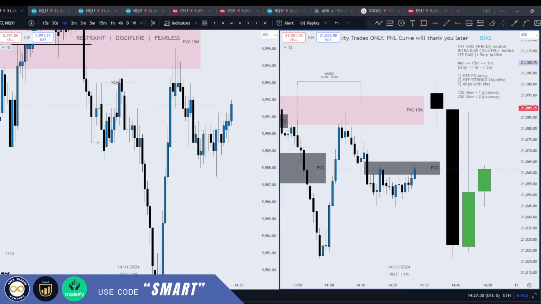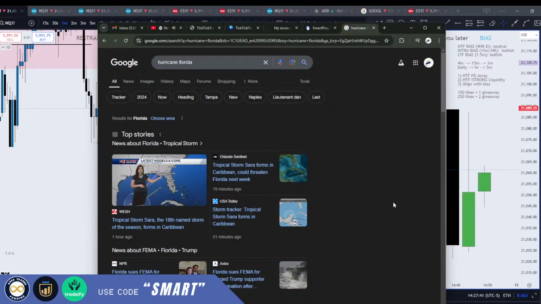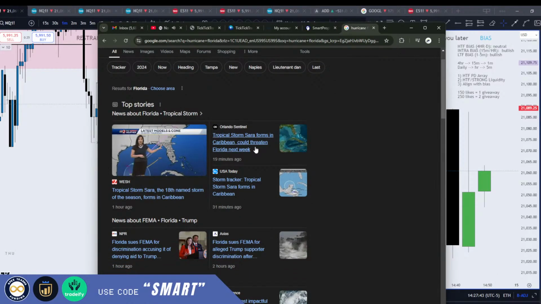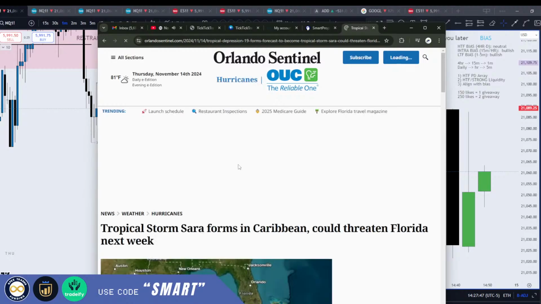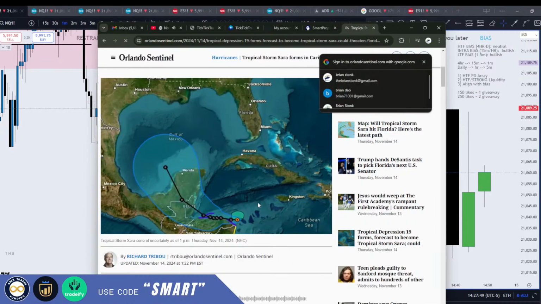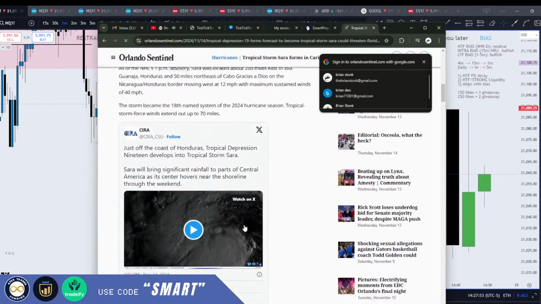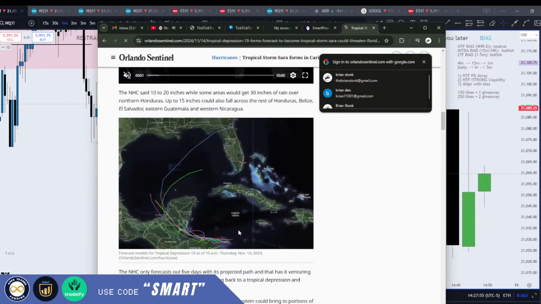Powell's gonna speak in 30 here. Hurricane Sarah. I'm gonna look it up. Hurricane Florida. Please. It's real. Wow. I thought you guys were kidding. This is not coming towards me, right? Oh, it's curving? No way it's curving like this.